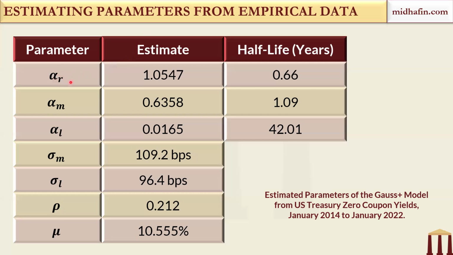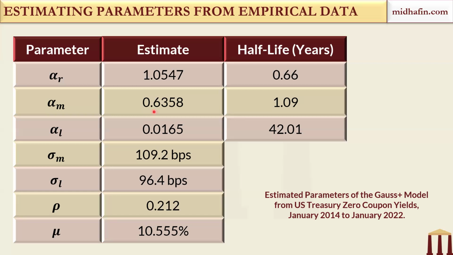So alpha R is the highest, which means that the short-term rate responds quite quickly, which is quite consistent with monetary policy adjustments. And the associated half-life of 0.66 reinforces this, because the faster the rates are reverting, the lower the half-life will be.